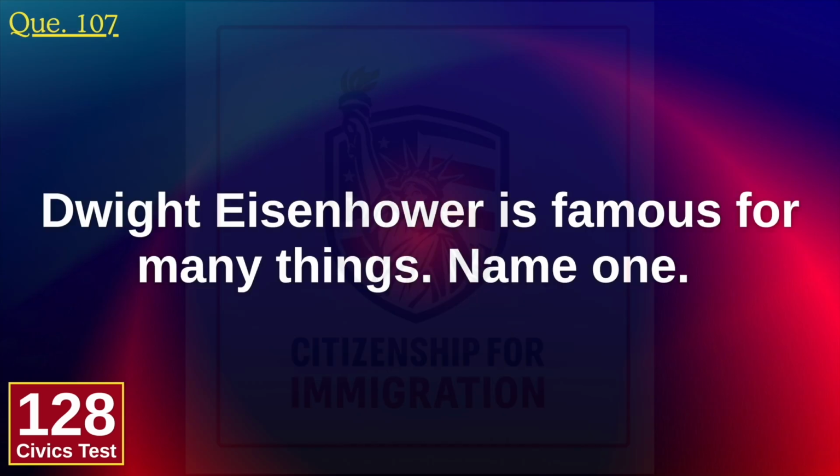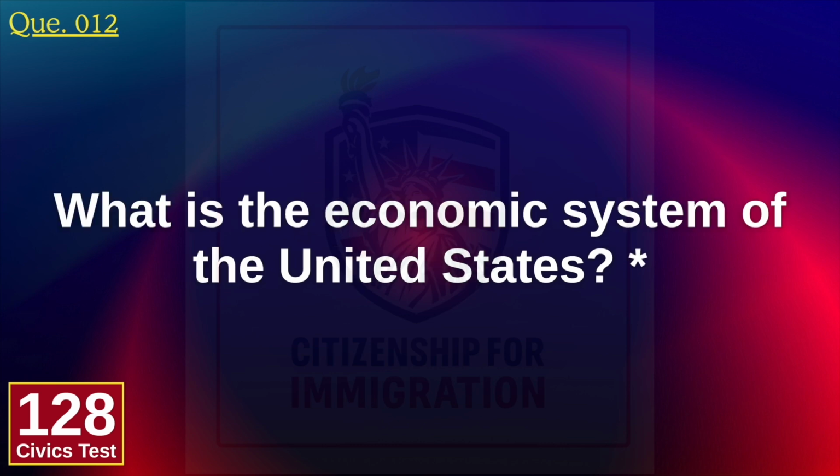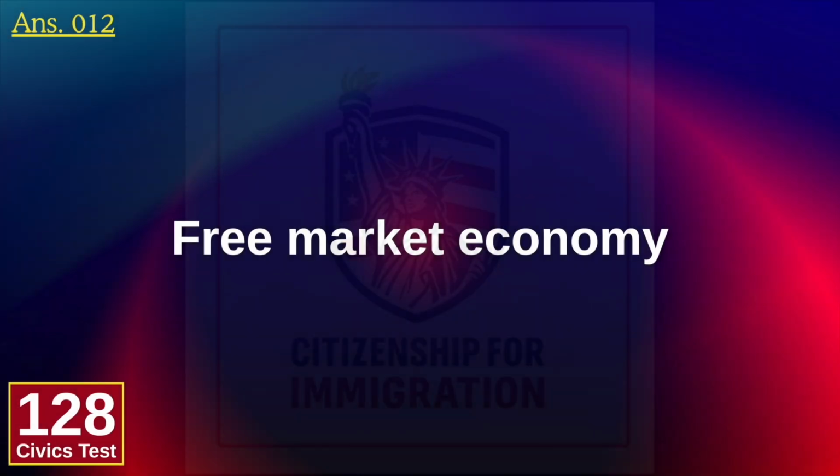Dwight Eisenhower is famous for many things. Name one. 34th President of the United States. What is the economic system of the United States? Free market economy.